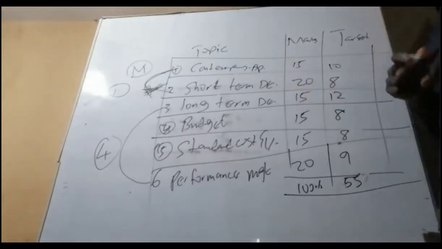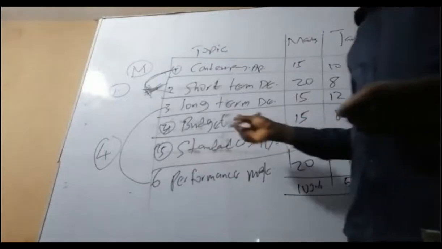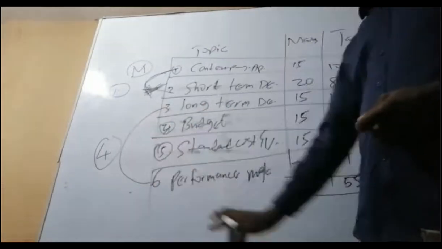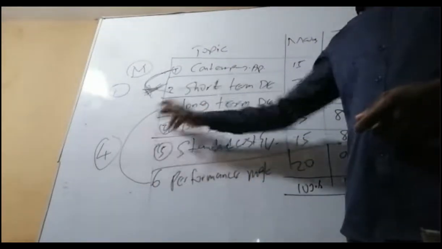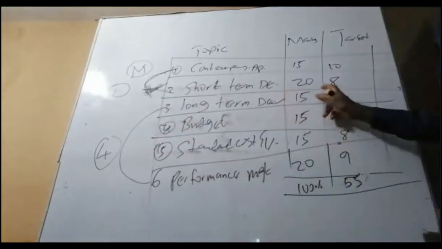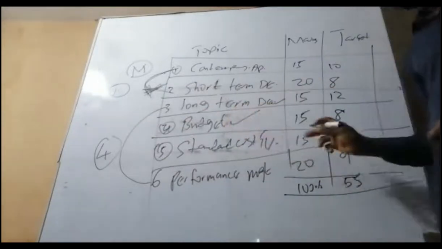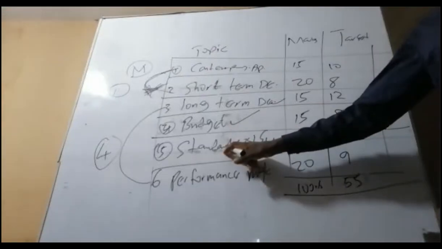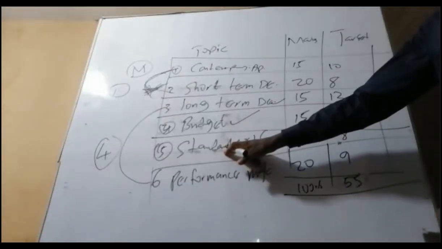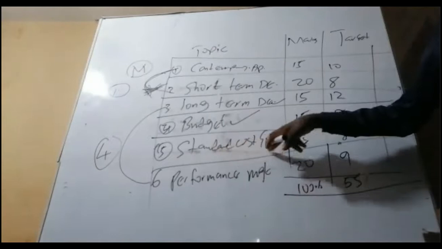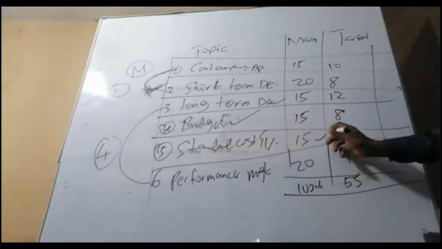It means that you cannot sit for any management accounting paper without the big 4: without long term, 15 marks, without a budget, another 15, without standard costing and variance analysis, another 15.